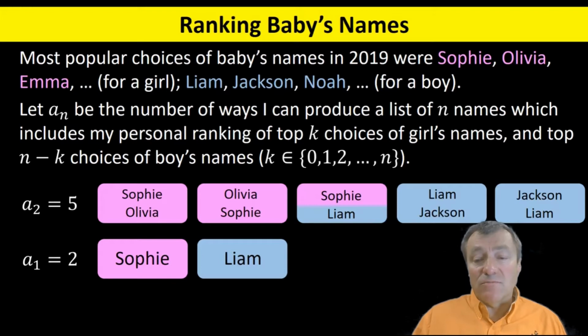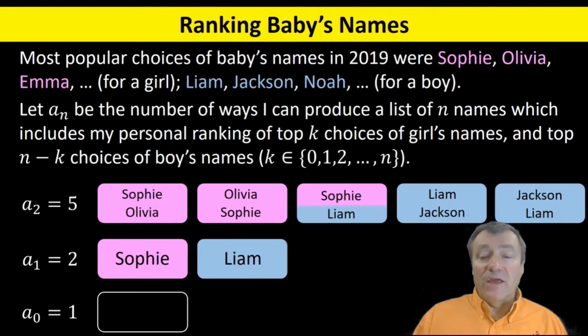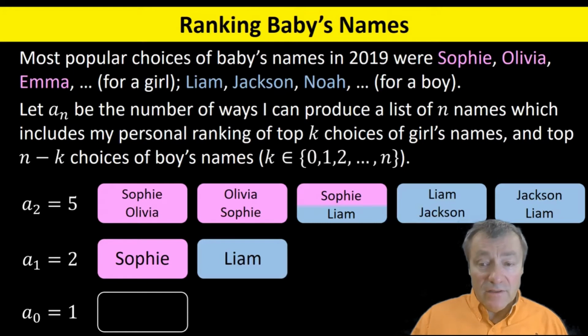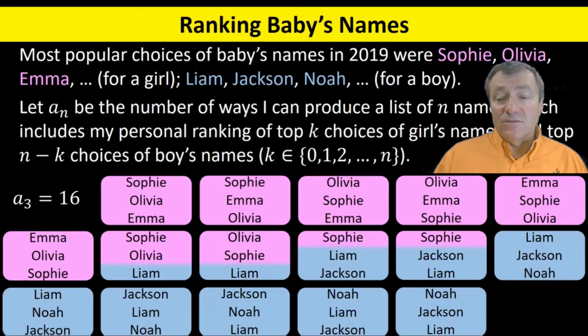That's 2 possible lists. So A1 equals 2. Now, for n equals 0, my list would have no names, and this is what that list would look like. It's an empty list. There's only one such empty list. So A0 is 1.